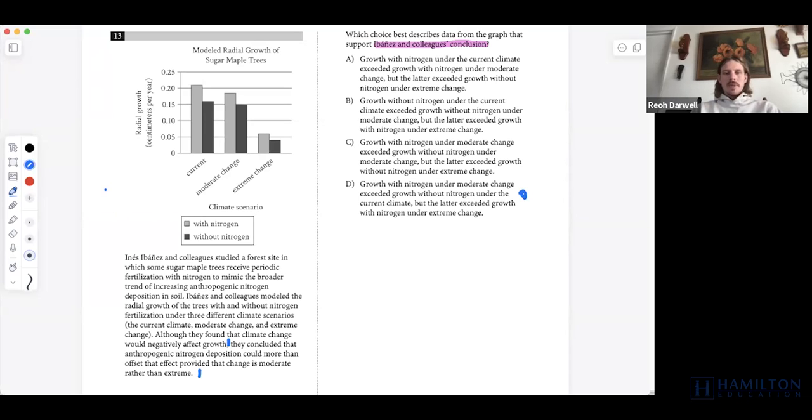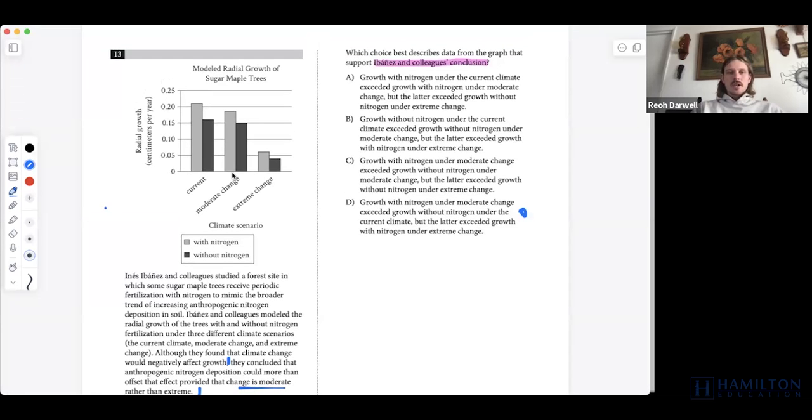So basically, we want to say that with moderate change, with this caveat of the change being moderate.